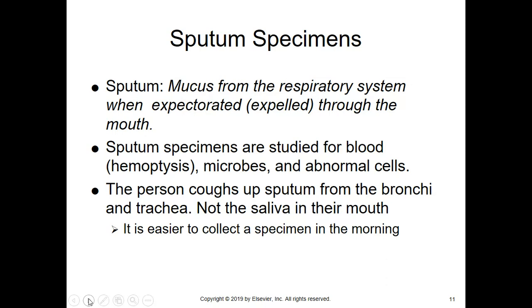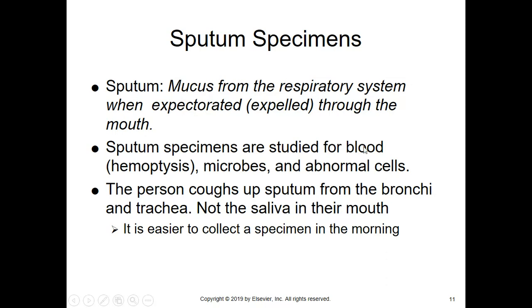A sputum specimen can be studied for blood, microbes, and abnormal cells. The reason we mostly do sputum specimens is we're checking to see if the person has blood or abnormal cells. If somebody has abnormal cells, that's a sign that they have cancer. So they'll do sputum specimens if they think somebody might have lung cancer or some kind of cancer in the respiratory system.